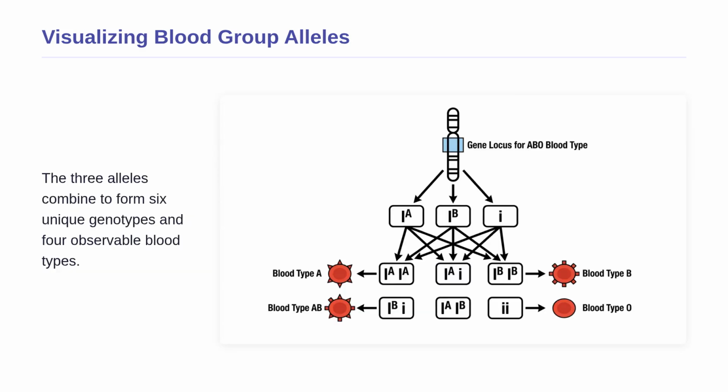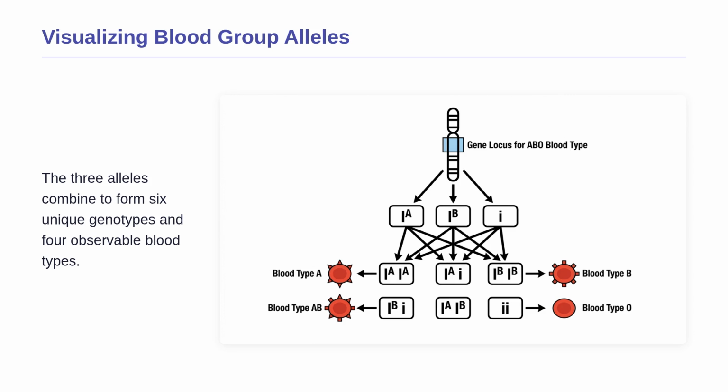Now that we have proven the math, let us visualize exactly what those 6 genotypes look like. On screen, you see a diagram illustrating the ABO blood group system. At the top, we have the chromosome with the specific gene locus highlighted. From this single locus, the population has 3 available alleles: IA, IB, and lowercase i.